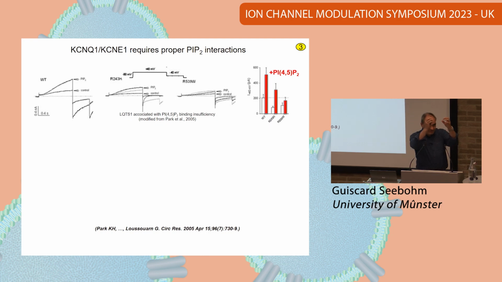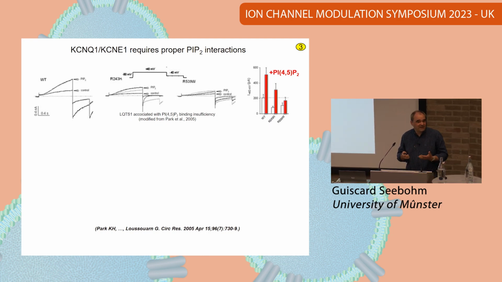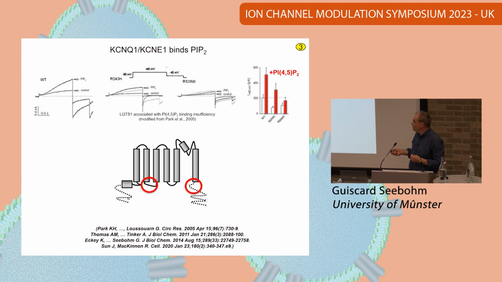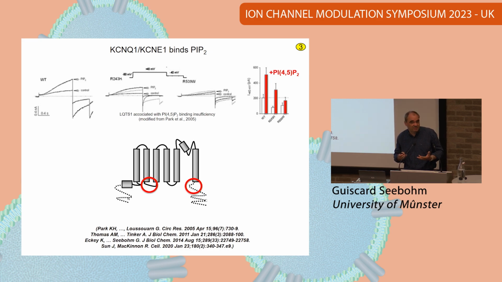It's just one part of the mosaic there. So how does that work? PIP2 interacts particularly much with the S2-S3 linker, a little bit with the lower S6. There is some involvement also from the S4-S5 linker. So here is where the PIP2 is binding.